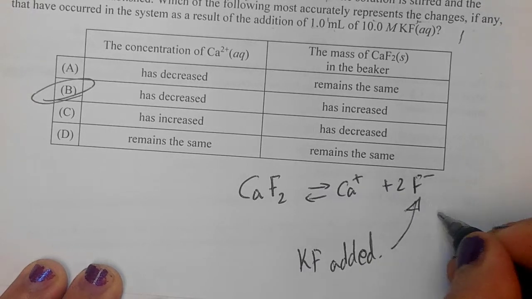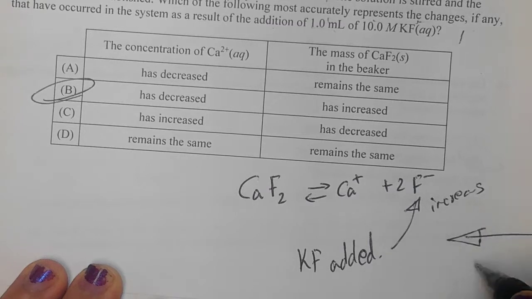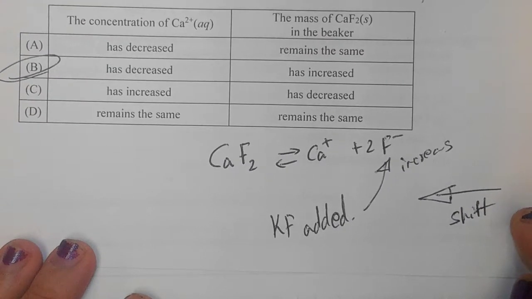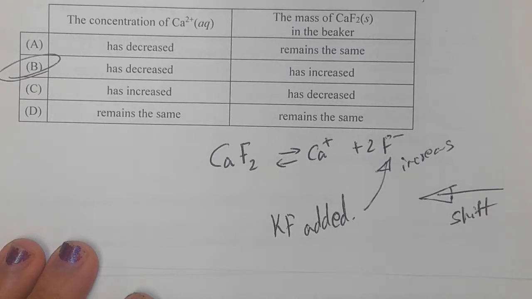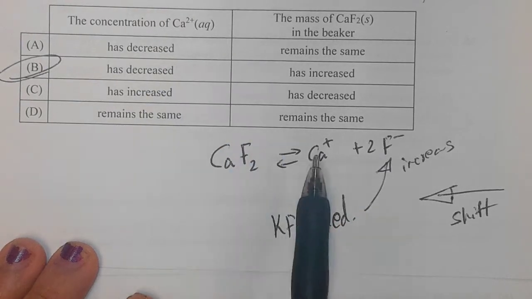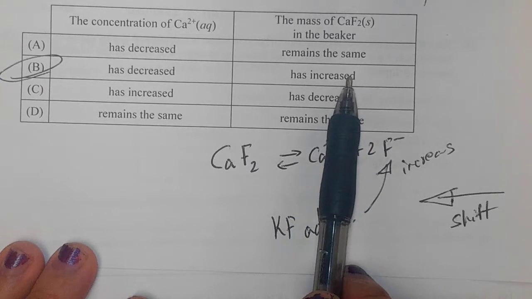That means it's going to increase this. If you increase this, it's going to shift this way, which means things are going to start precipitating. So the concentration of Ca2+ would decrease. Agree? You're not having a problem with this, you're having a problem with this side, right?